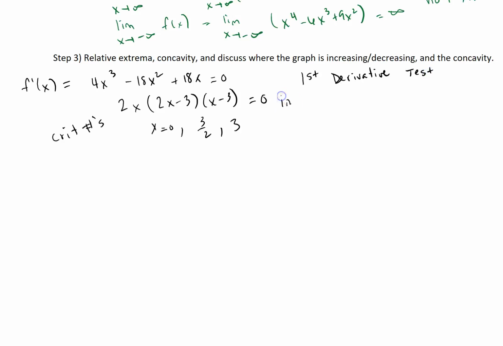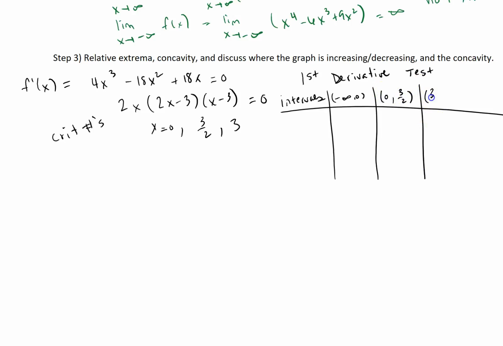So I'm going to set up intervals. So I will have negative infinity to 0, 0 to 3 halves, 3 halves to 3, and 3 to infinity. And I'll pick my test points. So I would have negative 1, 1, 2, and 4.